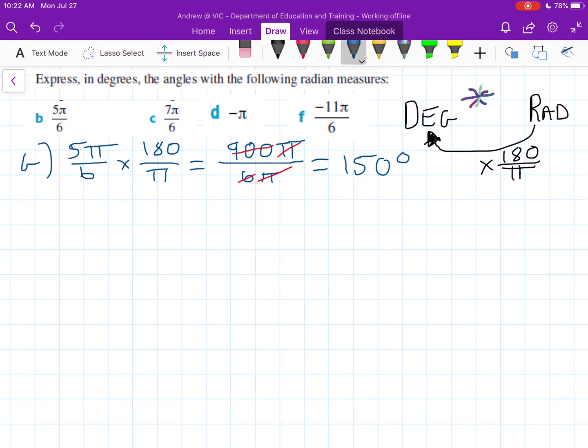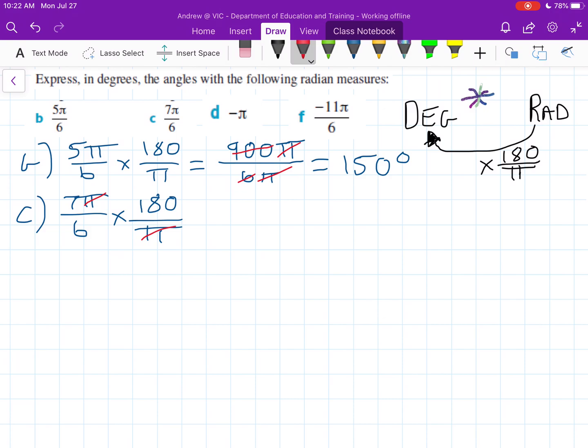The second one, I'll go through a slightly different way of cancelling out. So we have 7 pi on 6. We're going to multiply it by 180 over pi. So you can actually just break it down from the start here. So first, cancel out the pi on the bottom and the top. Then we can look, 6 goes into 180.